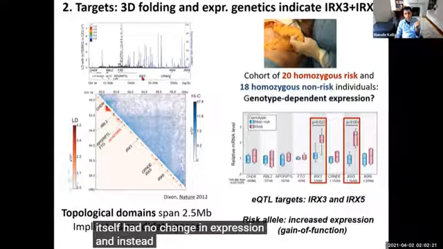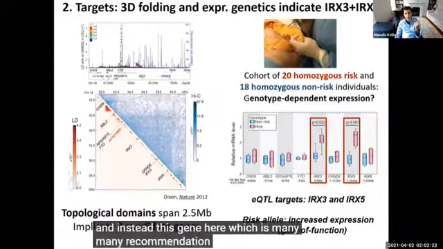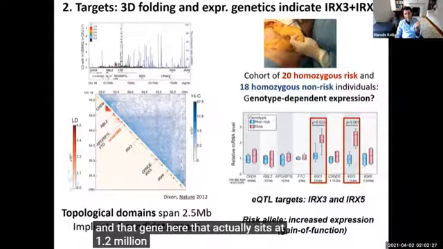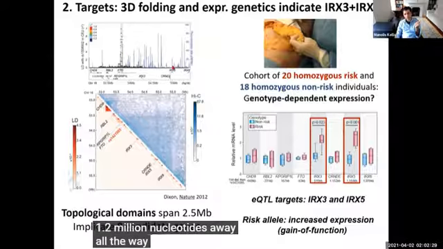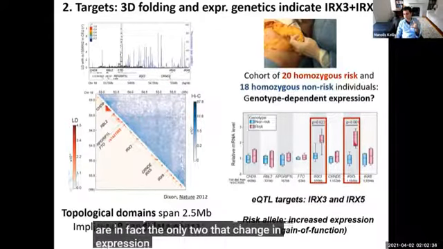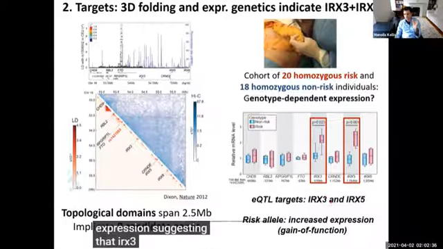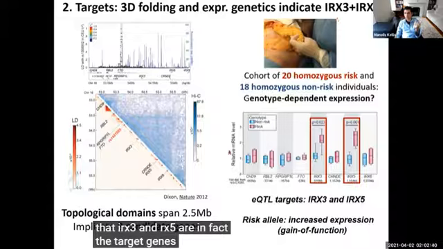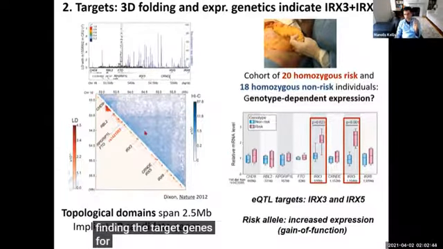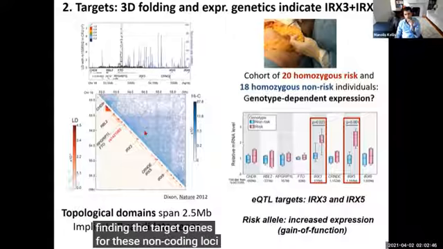And instead, this gene here, which is many, many recombination blocks over, and that gene here that actually sits 1.2 million nucleotides away, all the way out here, several genes away, are in fact the only two that change in expression, suggesting that IRX3 and IRX5 are in fact the target genes. Who's with me so far on finding the target genes for these non-coding loci?